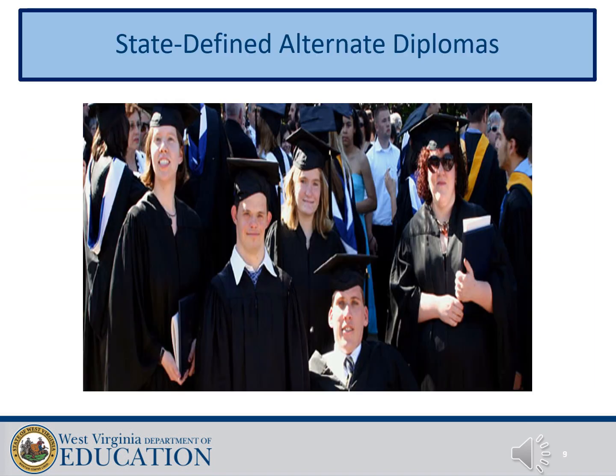So as I mentioned, ESSA has made some changes, and one of those changes is all around our state-defined alternate diploma. I have included another brief, and this is a brief from NCEO, and it is called Considerations for Developing State-Defined Alternate Diplomas for Students with Significant Cognitive Disabilities.